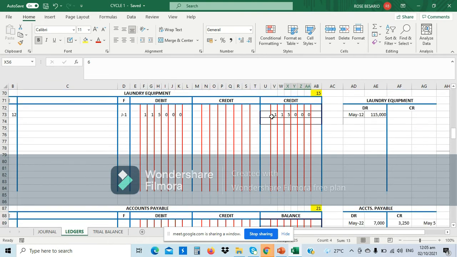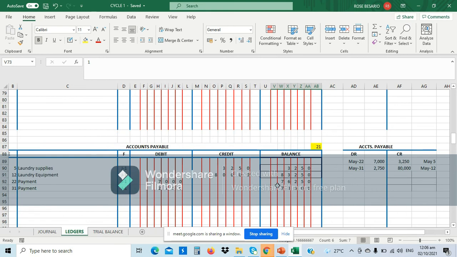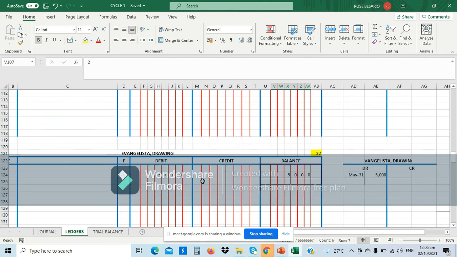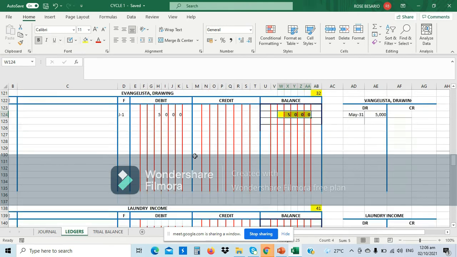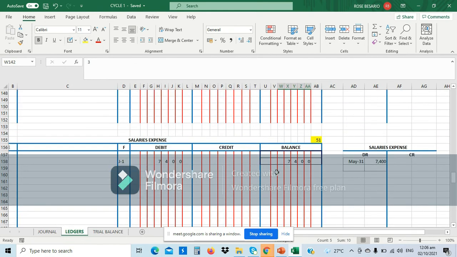For laundry equipment, we have one entry, 115,000. Then for accounts payable, we have a balance of 73,500. And then for capital, we have 250,000. Then for Evangelista drawing, we have 5,000. Then we have laundry income, a balance of 31,600. Then seller's expense is 7,400.